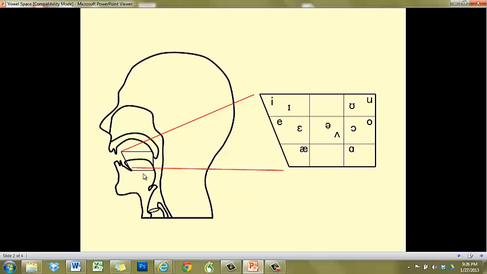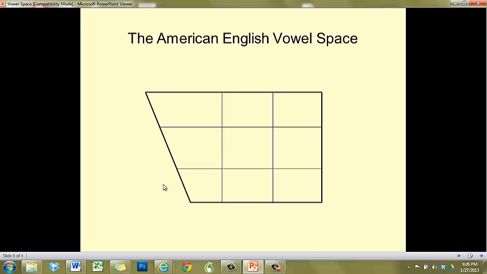For now, we will use the IPA vowel symbols in the chart, and I'll guide you through their pronunciation. Linguists use this trapezoid to show how the tongue is involved in vowel production. Each of the vowels of American English can be drawn according to the position of the tongue body, and using IPA symbols to represent the vowel sounds, we can draw our vowel space.